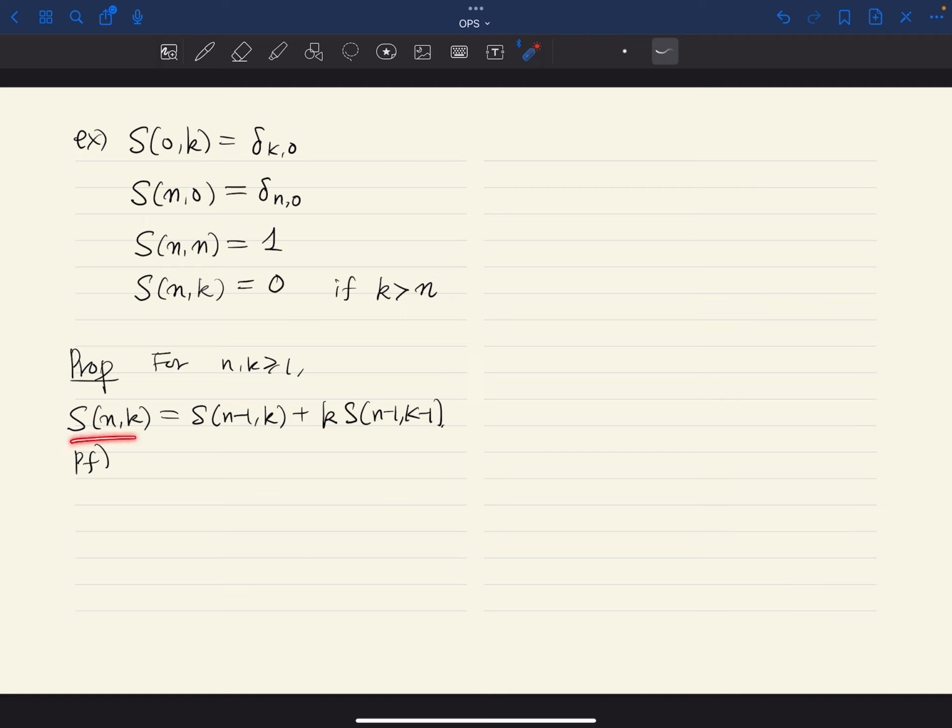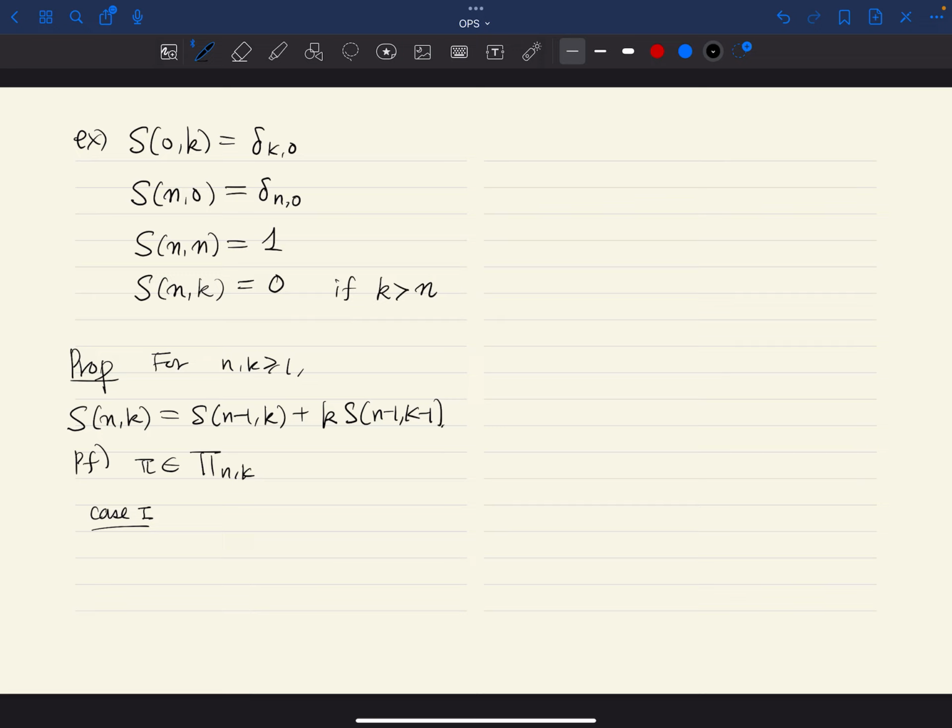So, this is the cardinality of this set, right? Set partitions of n with k blocks. So just consider one set partition there, and consider two cases. Case 1.